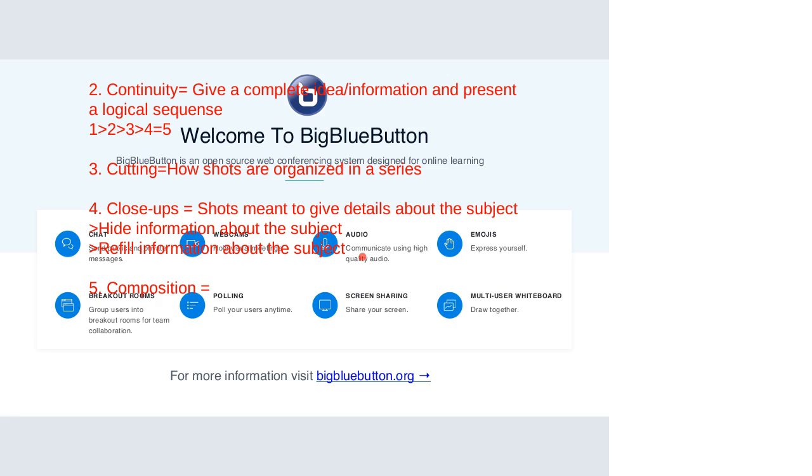This is meant to show us how things are arranged and organized.